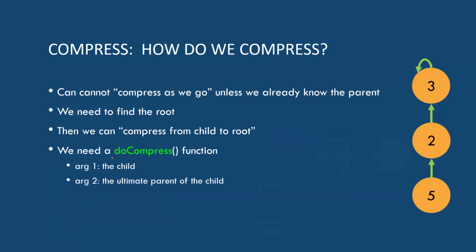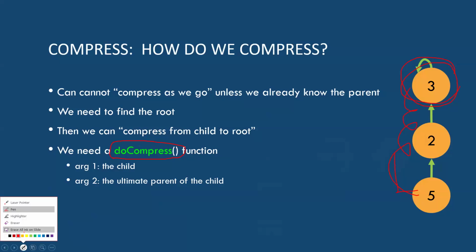We're going to write this do compress function, and we're going to put it at the bottom of our get group. If you think about it, I can't really compress unless I know who my parent is at the very top. So the first thing I have to do is loop up and find the parent, and then I can do the compression.